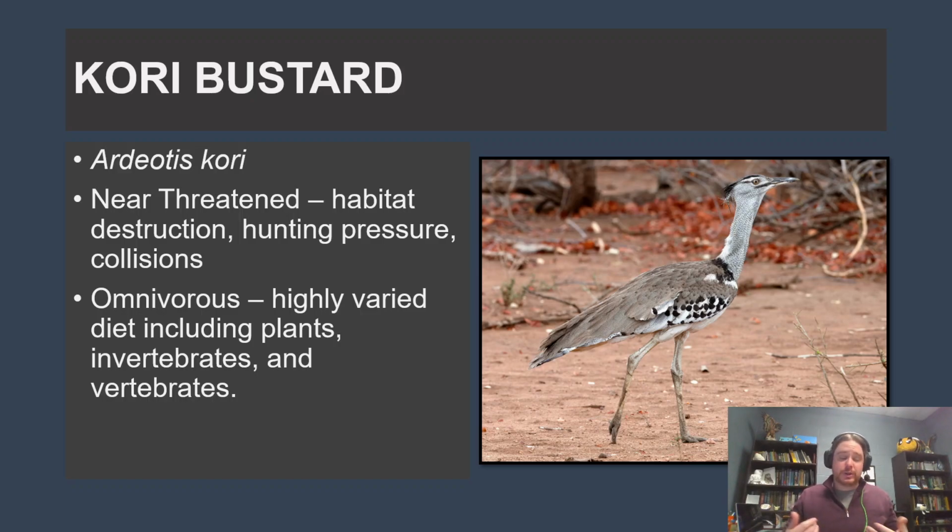They get hit by cars, but they also run into electric lines and things like that. Ground lines in particular. Because they're susceptible to running into these and colliding with these things, they die.